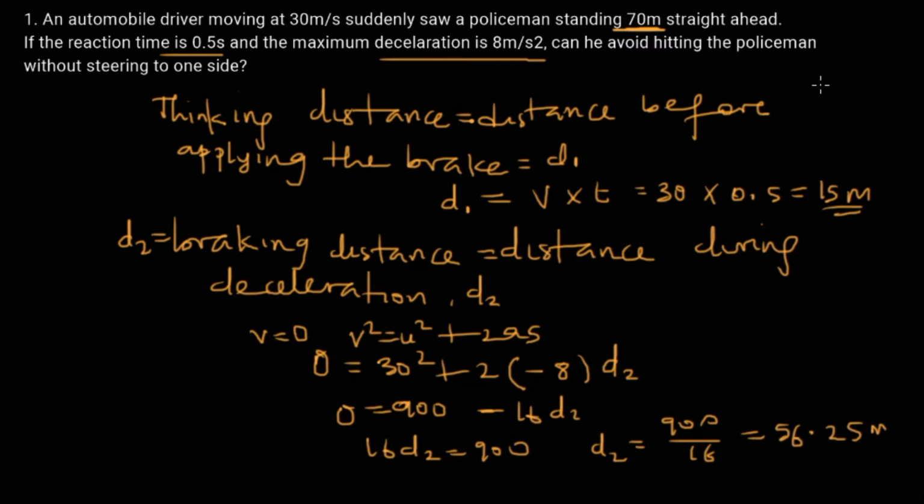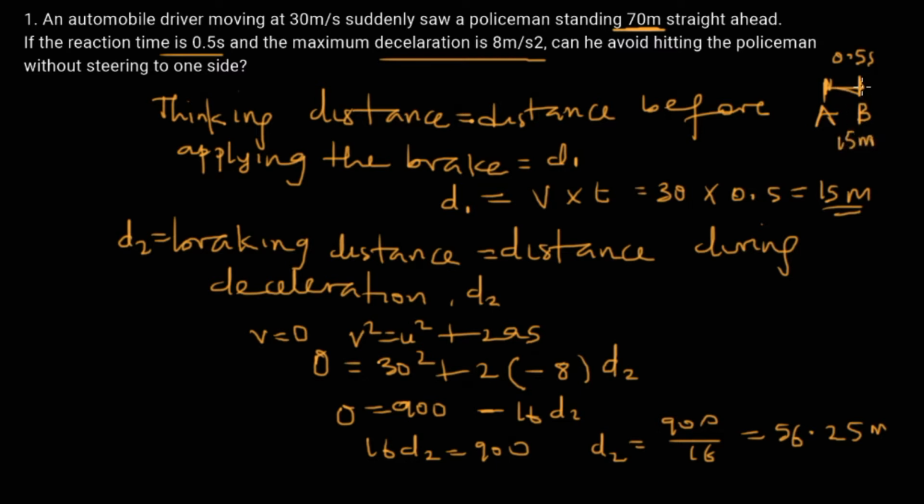Let's say the driver is at point A when he sees the policeman. Then from point A he begins to react, and it took him 0.5 seconds to react. Let's say the distance spent during this period of reaction is 15 meters.